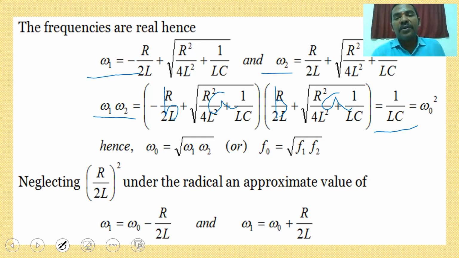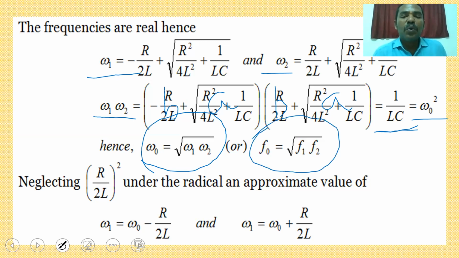If you substitute, the sum of the parts gets cancelled, and you get 1 by LC, which is the same as the resonating frequency square. So omega naught square is equal to omega 1 into omega 2, so omega naught is equal to root of omega 1 into omega 2. In terms of frequency, f naught is equal to root of f1 f2.